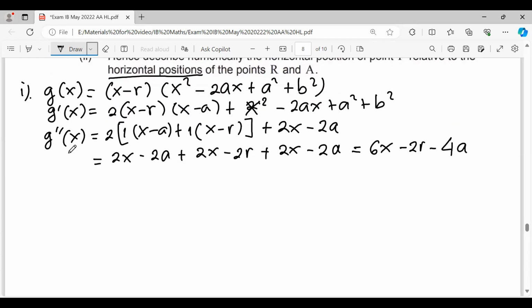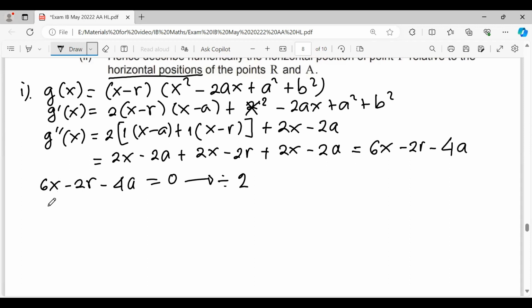Now, if the second derivative equals 0, we gain the equation 6x minus 2r minus 4a equals 0. Right. I'm going to divide it by 2, or multiply it by half.